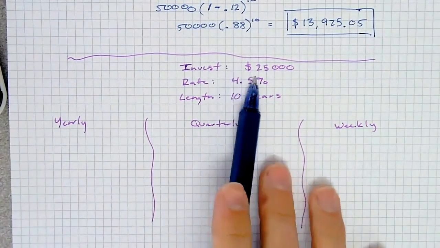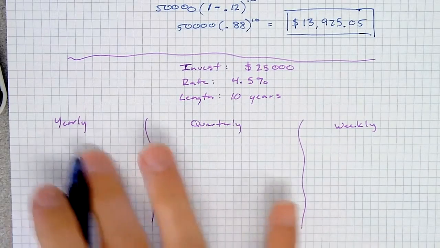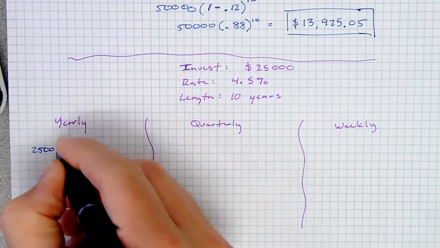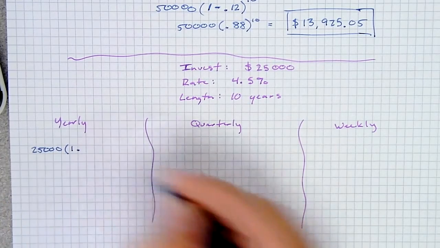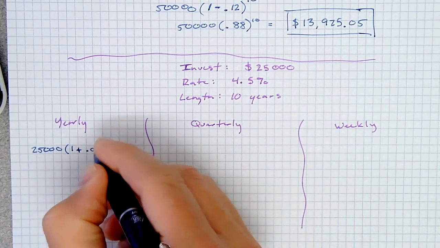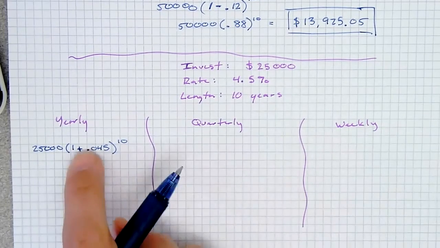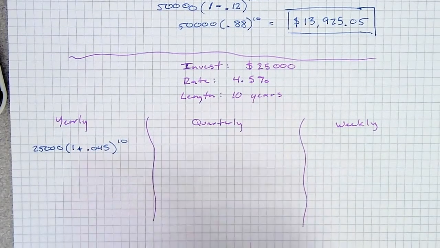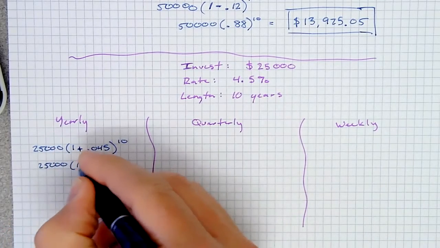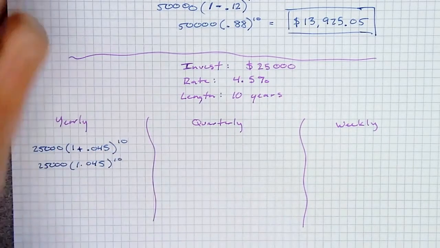Okay, so here we're investing 25,000. We have a rate of 4.5% for 10 years. We want to do it yearly. Very simple, 25,000 times 1 plus 0.045, changing our percentage to a decimal, so 25,000 times 1.045 raised to the 10th power.